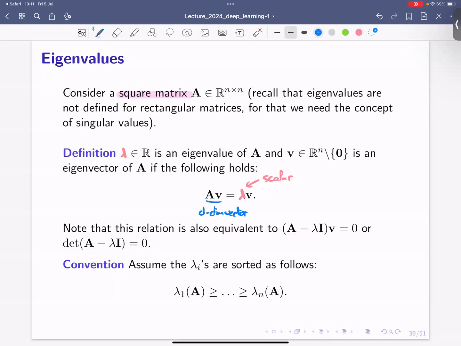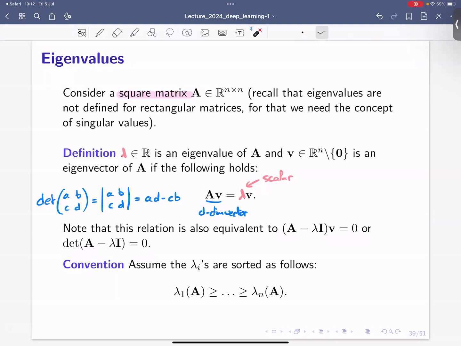As a quick reminder, the determinant of a matrix, for instance, let's say a 2 by 2 matrix with entries A, B, C, and D, which we also denote in this way sometimes, is simply equal to A times D minus C times B. All right, so this is yet another equivalent definition, either this or this. I'll give you an example in a minute.